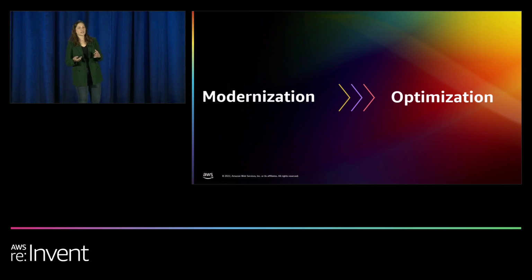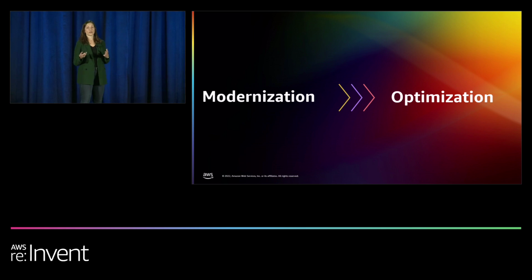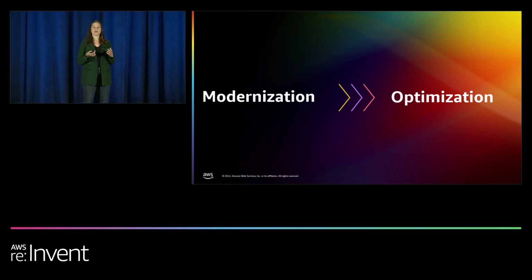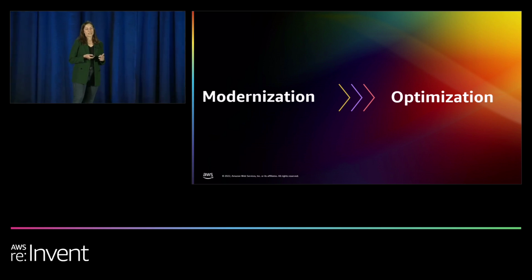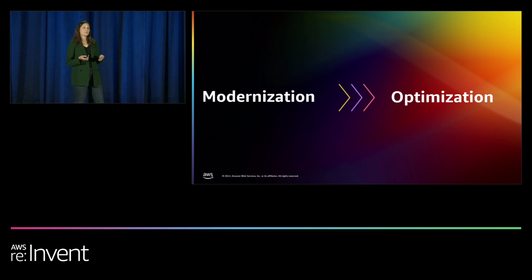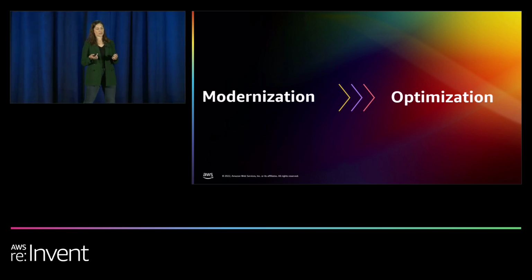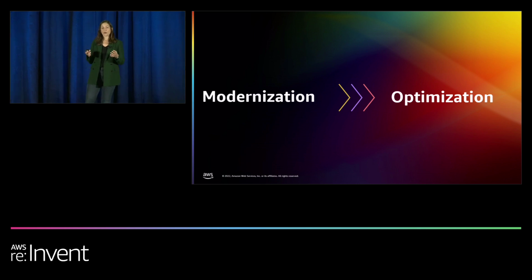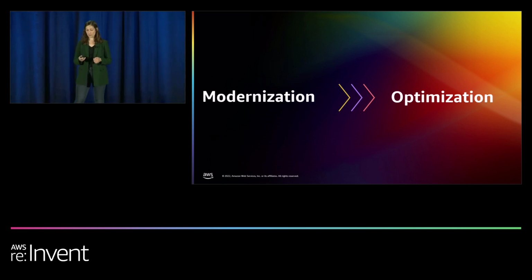No matter what the reason is that brought your organization to migrate to modern architectures, when you get there, you can implement optimization very easily and effectively. What we want to show in this session is how you can gain optimization by designing modern applications. Modernization and optimization are very good friends, and this is what we're going to talk about in this session.